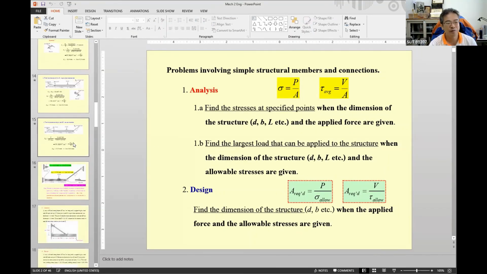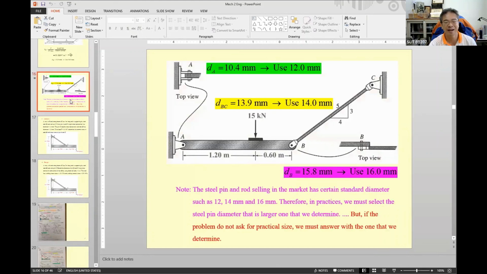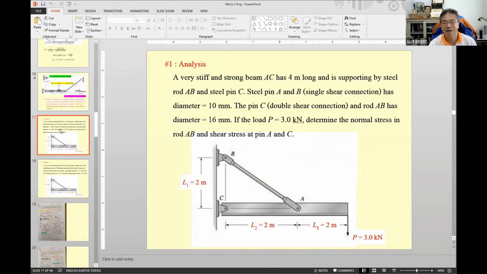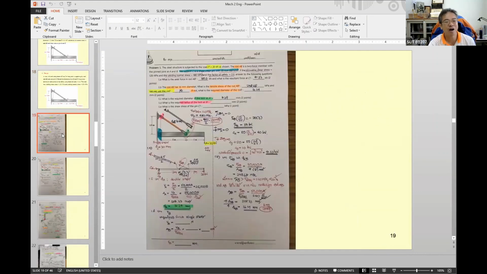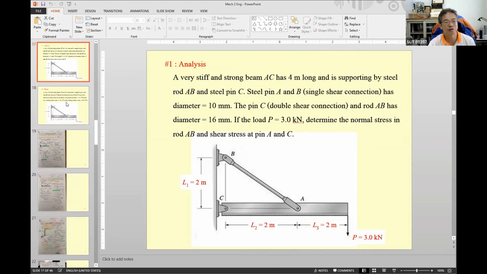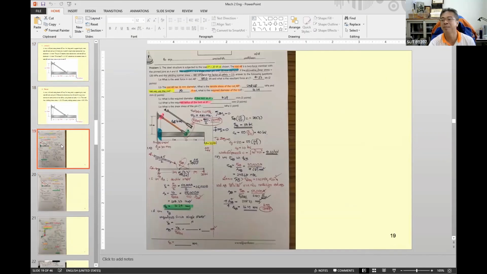And when we finish it, we still have some more problems for you guys to practice. And I also have some extra things. You can see this one used to be an examination.